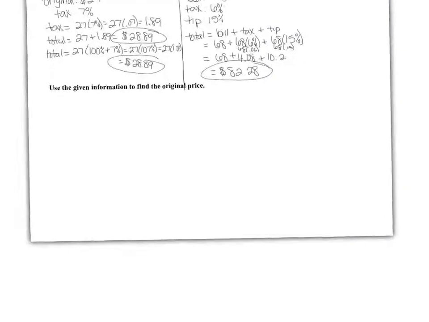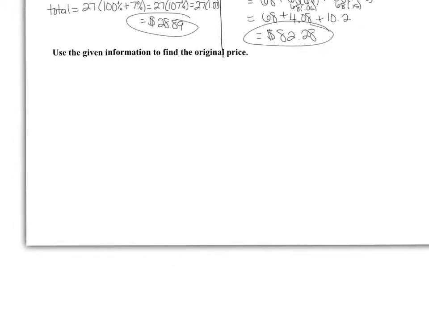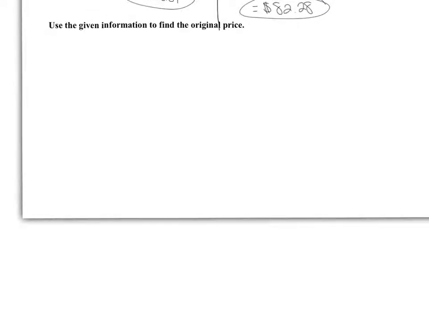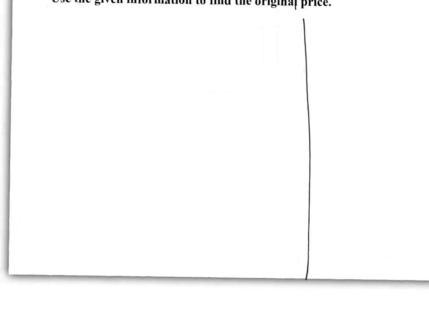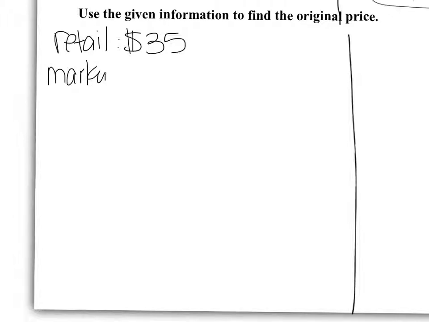This is where it gets a little tricky, is finding the original price. If it ever asks for the original price, you should be thinking you're going to have to set up a formula, and you guys will see why. Let's say that I have a retail price of $35 and it was marked up 80%.